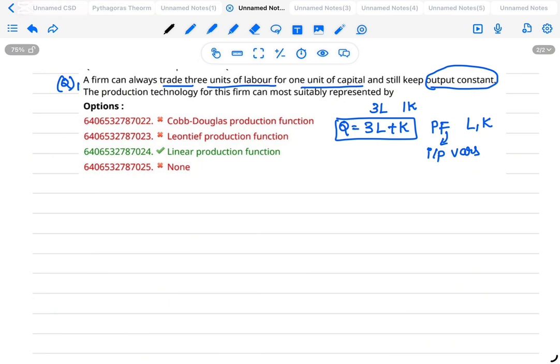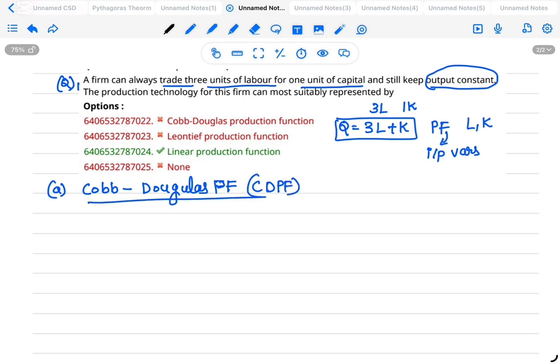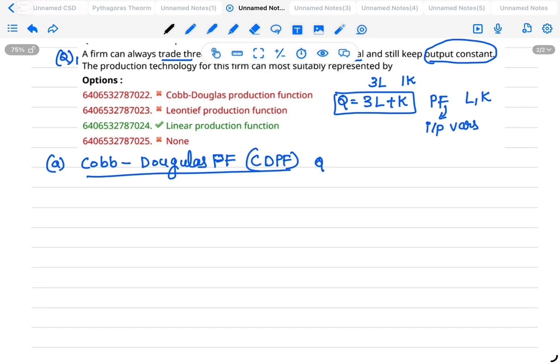First one is the Cobb-Douglas production function. How do we represent the Cobb-Douglas production function? The CDPF is in exponential form, that is, Q equals L to the power alpha and K to the power beta.